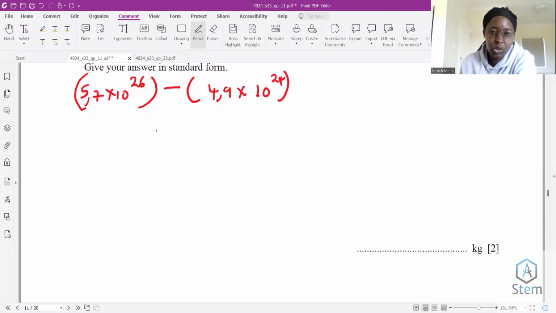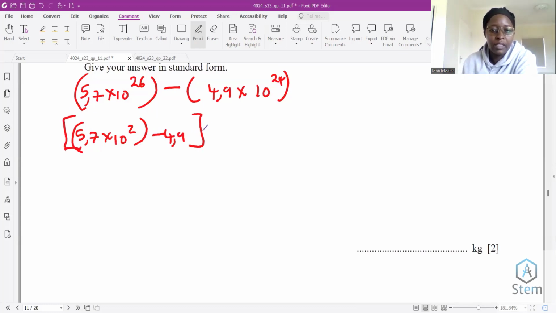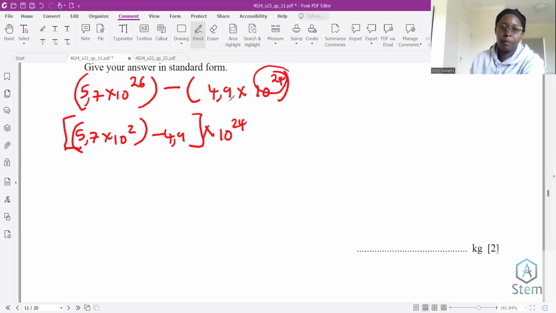The easiest way to subtract is going to be like here, 5.7 times 10 to the power of 2, minus 4.9. Then the whole answer, I'm multiplying by 10 to the power of 24. What I've done is I've taken the smallest power. Then for here, I've subtracted it there. That's why I have a 2 here.